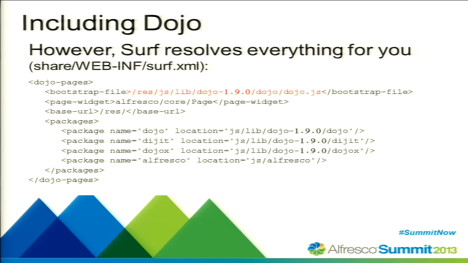So we're actually using 1.9 of Dojo now, which is the latest Dojo release. And if you look here, you see this base URL tag that's in there. That's the base of the resources that it will look for when it goes back to the server. So everything is relative to that location on your server.